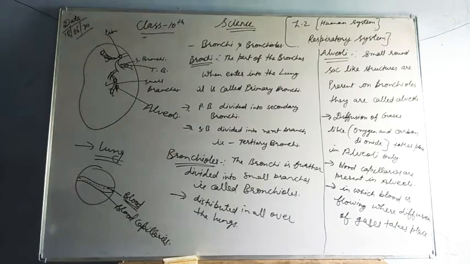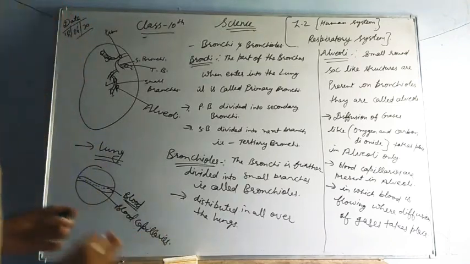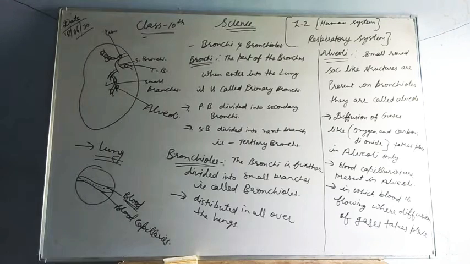Clear? So in this manner, the respiratory system is working in our body, and these are the diagrams also, and you should be able to mention the labeled diagram in your exam. Otherwise, it will not be beneficial, and you will not be able to get the full marks in your exam.